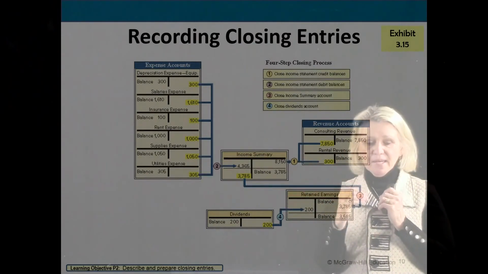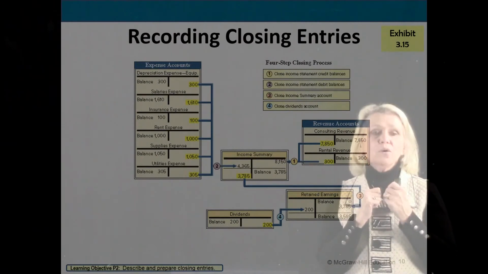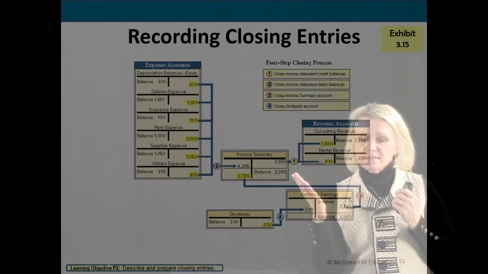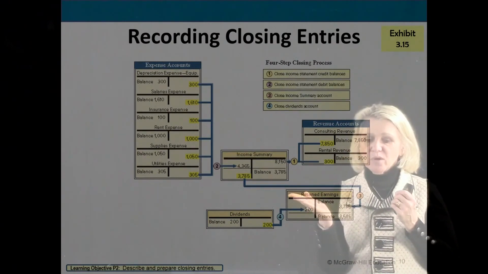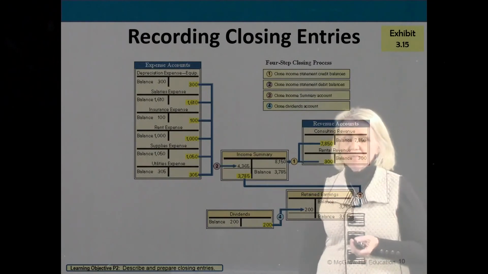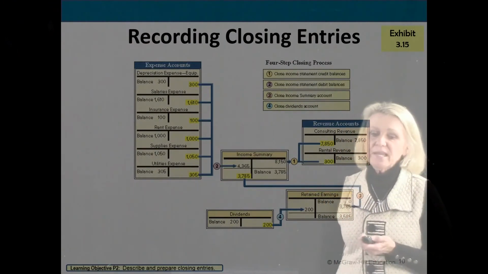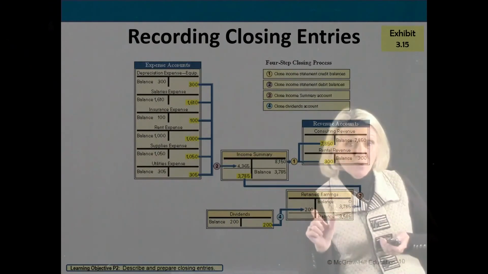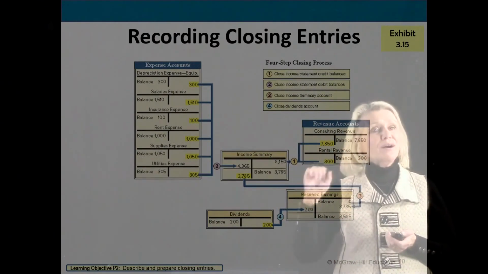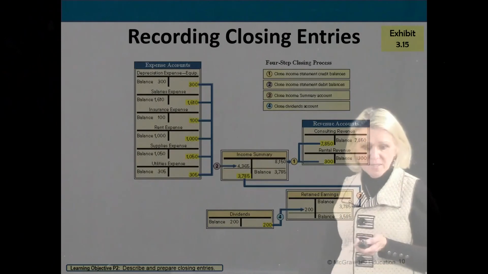We move that money into our retained earnings, which is a credit because it is an owner's equity account. We debit retained earnings for the dividends, we credit the dividend account, and we see that our balance now is $3,585. Well, lo and behold, that number should equal the number on your retained earnings statement.